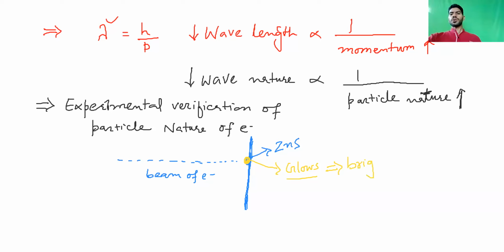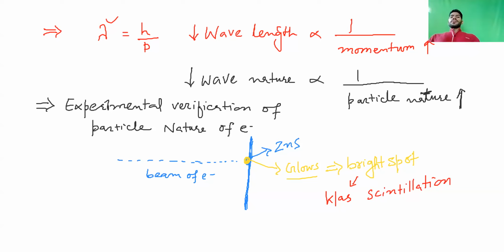What is that bright spot known as? Can anybody tell me? Remember that this bright spot is known as scintillation. So when electrons strike the zinc sulfide screen, it starts glowing and produces a bright spot known as scintillation.